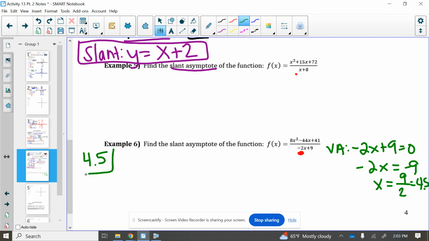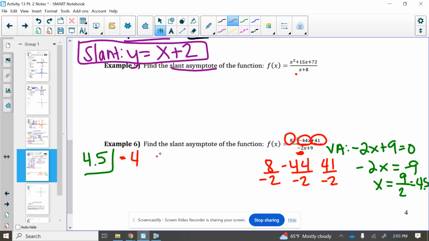And then the main thing that's going to change when we have this leading coefficient of negative 2, instead of just using 8, negative 44, and positive 41, we need to divide all of those by that leading coefficient, because that a value is not just 1, it's negative 2. So really what we're going to be plugging in for this piece here is negative 4, positive 22, and then negative 20.5.